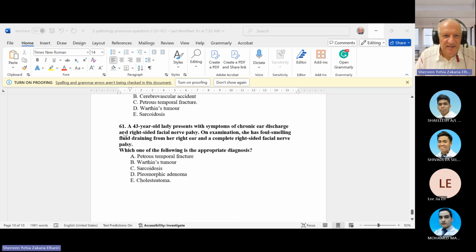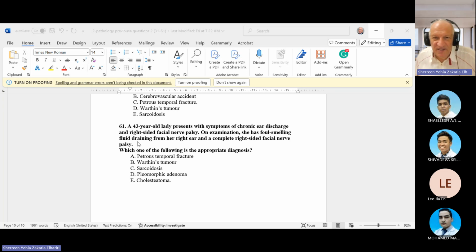The last question is still ENT. A 43 years old lady presented with symptoms of chronic ear discharge and right side facial palsy. On examination, she has foul smelling fluid drainage from the right ear and complete right side facial nerve palsy. So this patient has something in the ear.